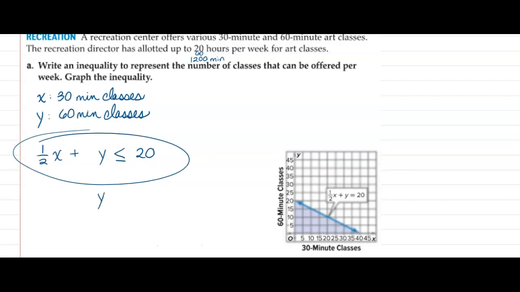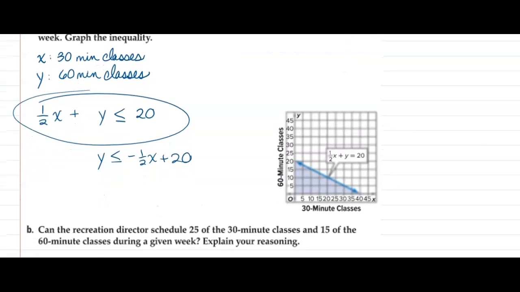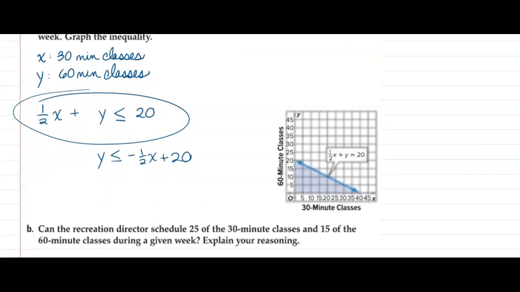In fact, all we have to do is move half x to the right side of the inequality. We would begin at 20, and we go down 1, right 2, down 1, right 2. It is a solid line because it is less than or equal to, and we shade under the line.